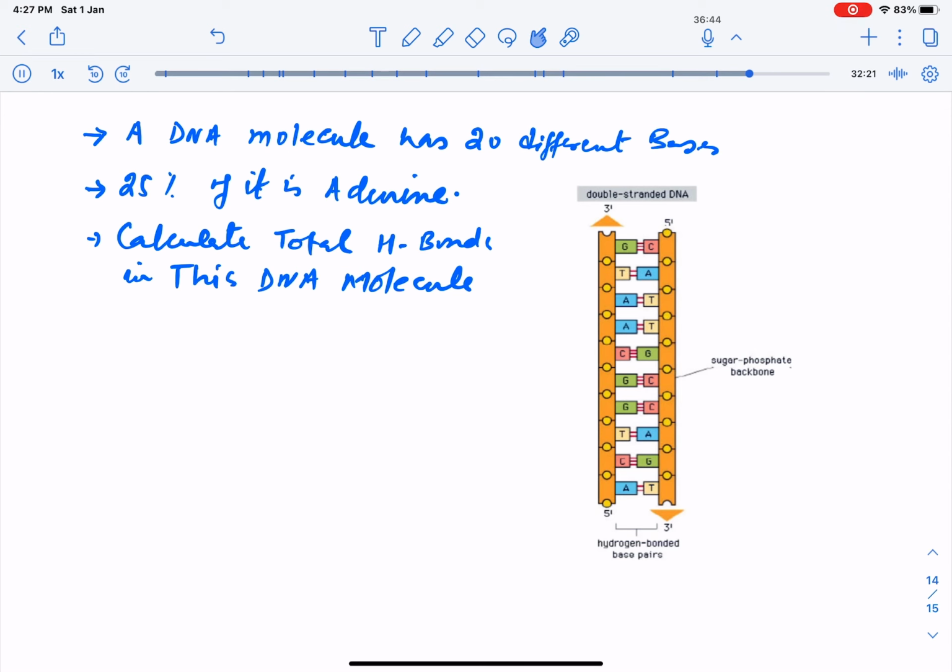To calculate the total number of hydrogen bonds in this DNA molecule, as there are 20 different bases, 25% of it is adenine base. So you can have 25 divided by 100 multiplied by 20.